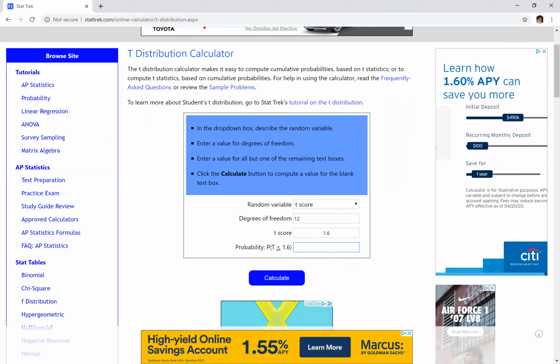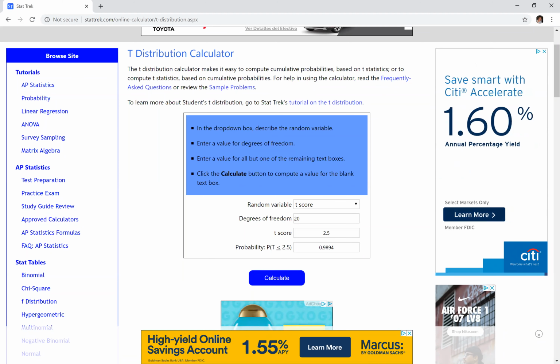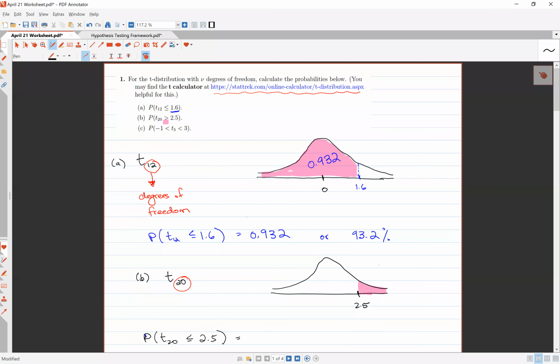So I'm emptying out the probability. I'm saying 20 degrees of freedom, a t-score of 2.5. That gives me 0.989. So let's go back to our worksheet. And so it's given us area to the left is 0.989.